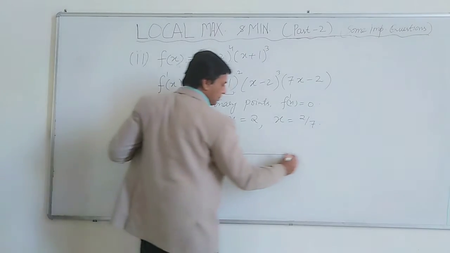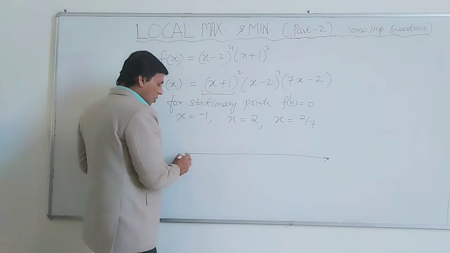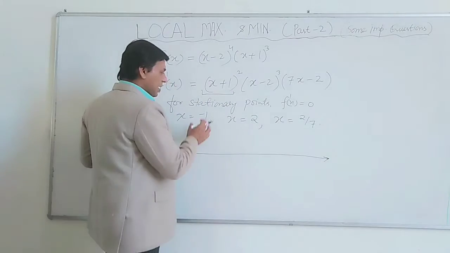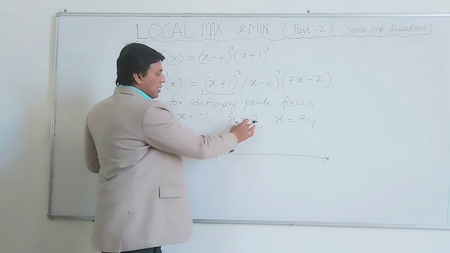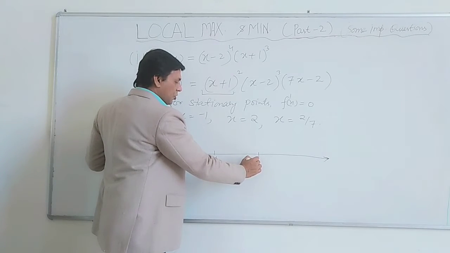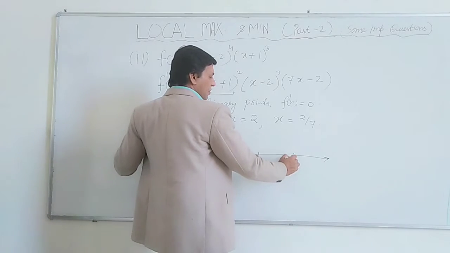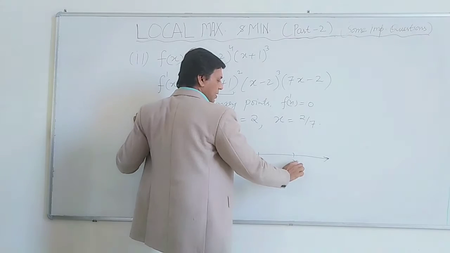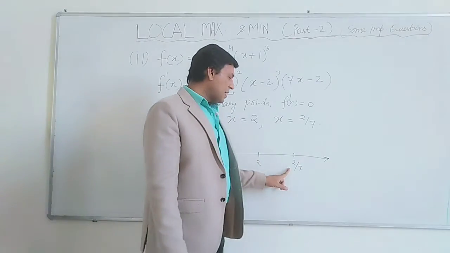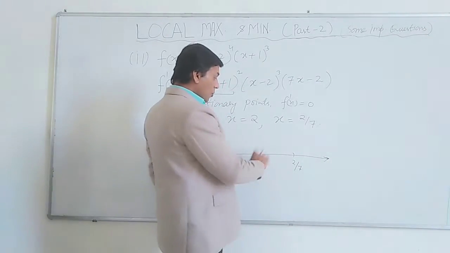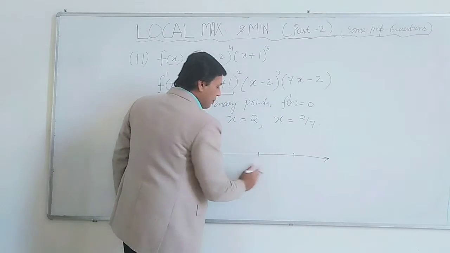So I will mark all these values on the number line according to their order. So -1 comes first, then we have 2, then we have 2 by 7. Now you know 2 by 7 will be in between.